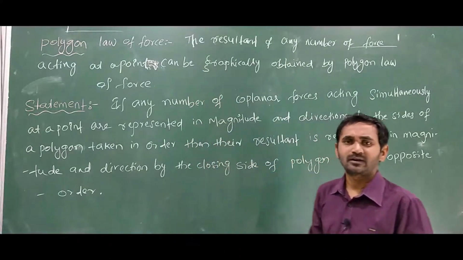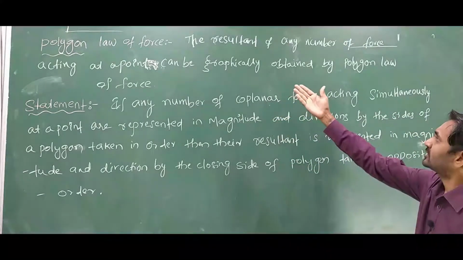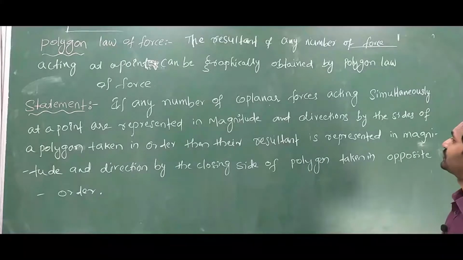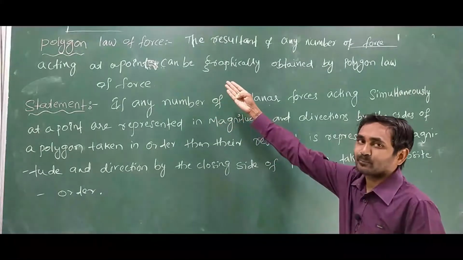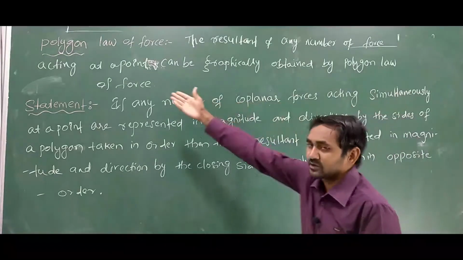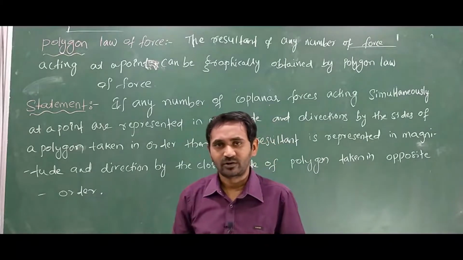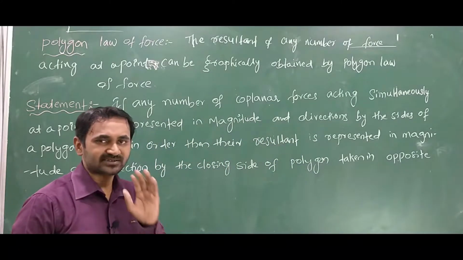What is the polygonal law of forces? So let us see this once. The resultant of any number of forces acting at a point can be graphically obtained by the polygonal law of forces. Yes, this is the polygonal law. And let's see the statement once.